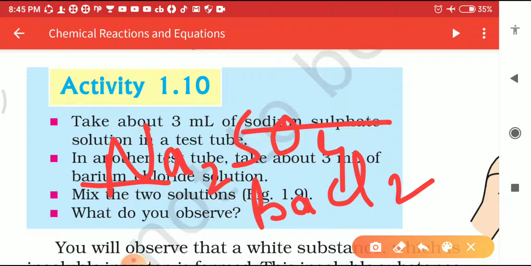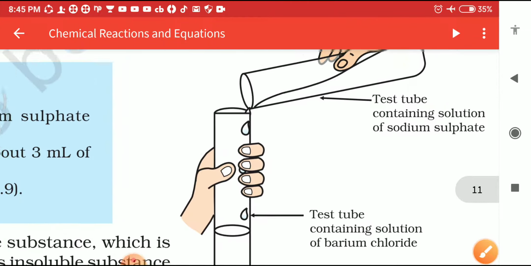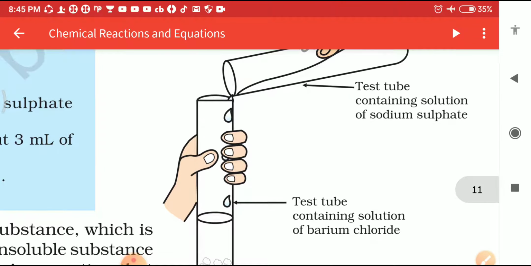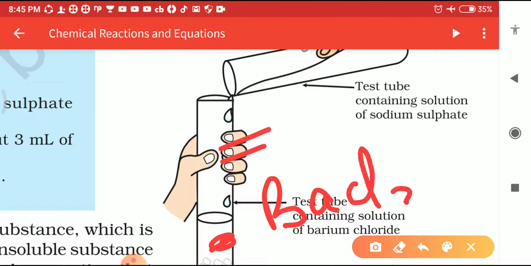Now mix these two solutions. The next point is, what do you observe? Let's see with the help of this picture, so we can understand better. This one is your test tube. In this test tube we have taken barium chloride, BaCl2.